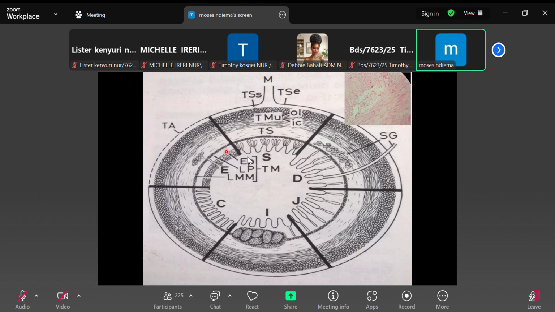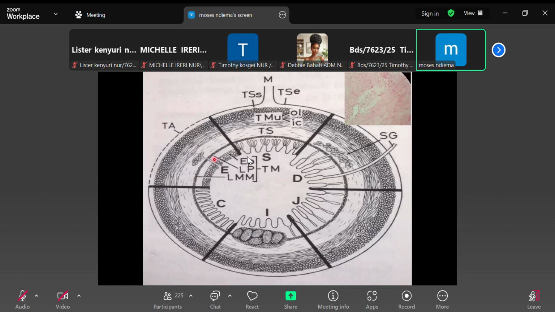Then we have the submucosa, and in the case of the esophagus, within the submucosa we have the esophageal glands, which are mucus glands.